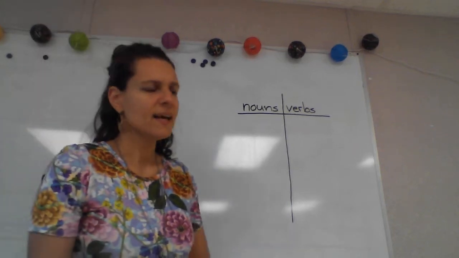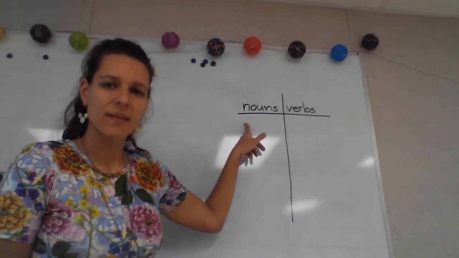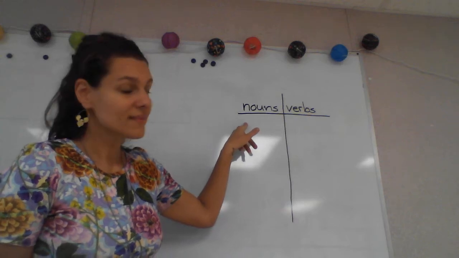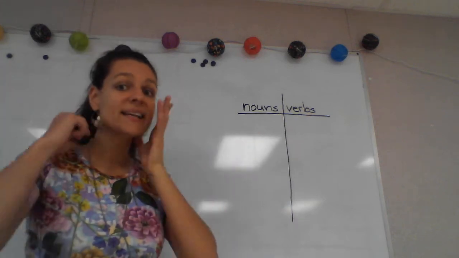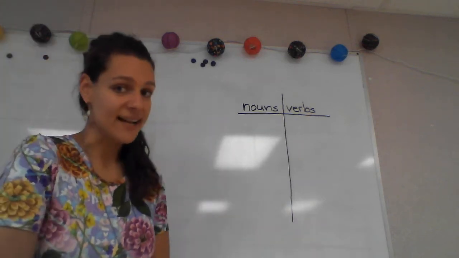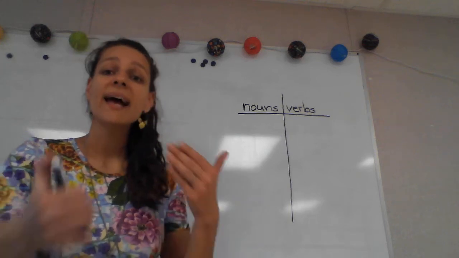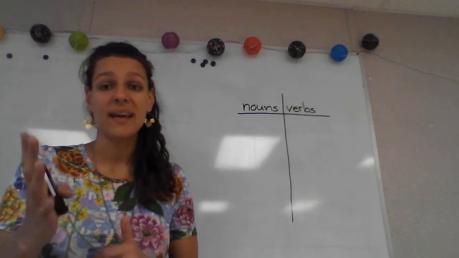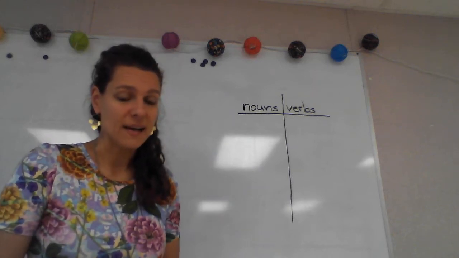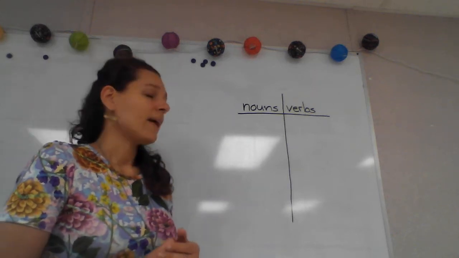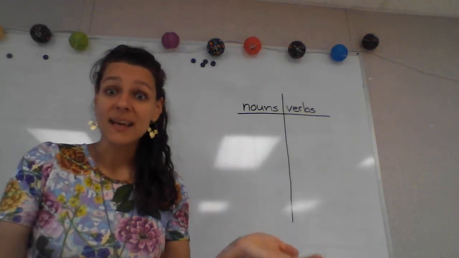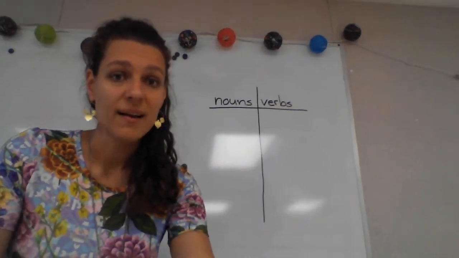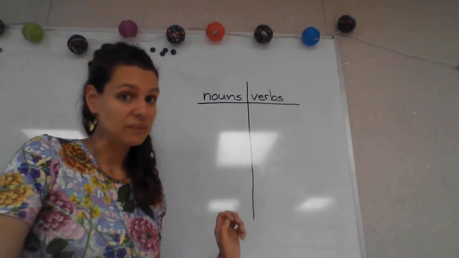All right, class, is love a person, place, or thing? You're right. It is not a person, place, or thing. It's something that you do, even though it's kind of different from skipping and dancing and all those other things that you do, because you don't really see when you love someone, but it's definitely an action.